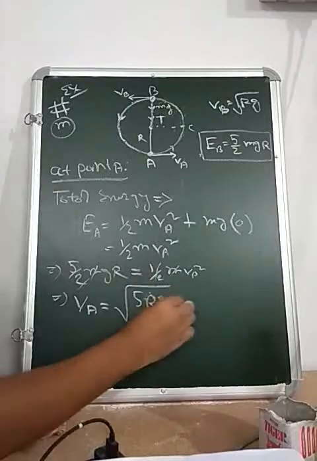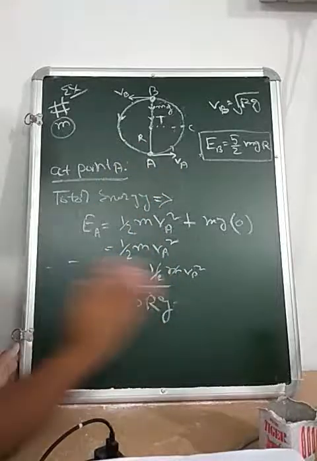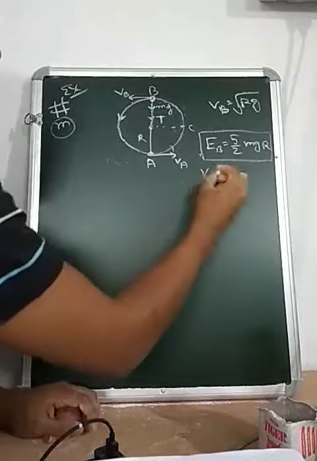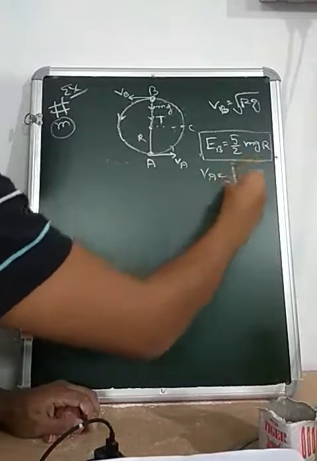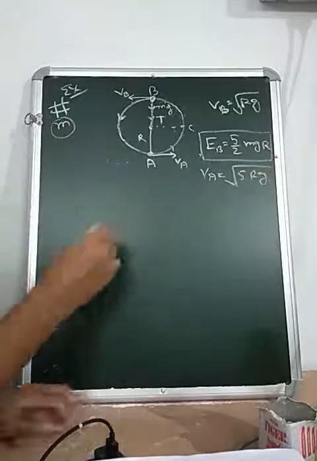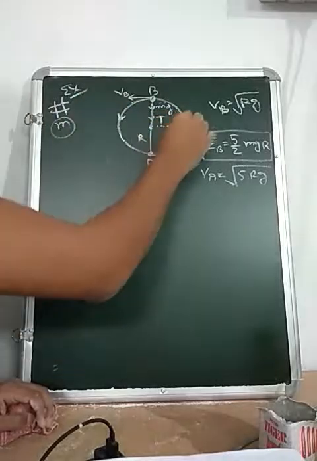So this is the velocity of the object at point A. Now we calculate the velocity at point C.